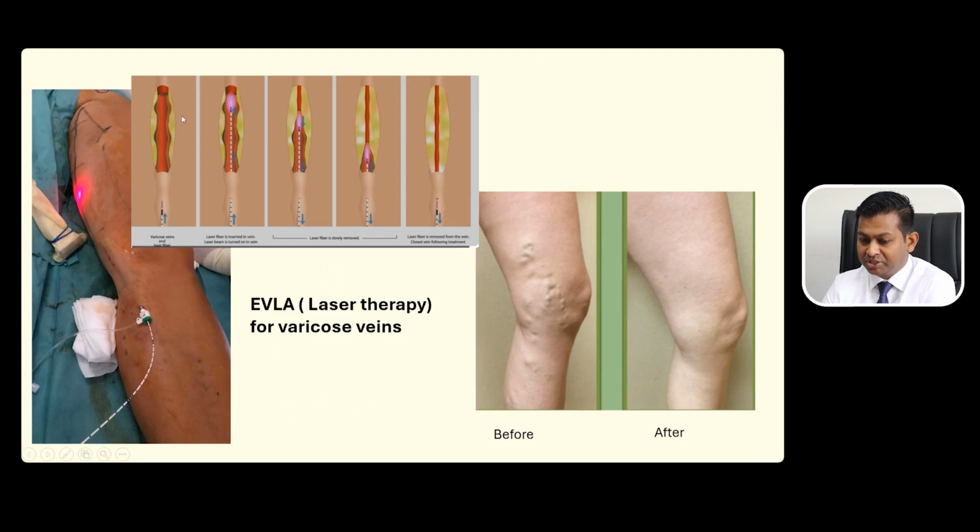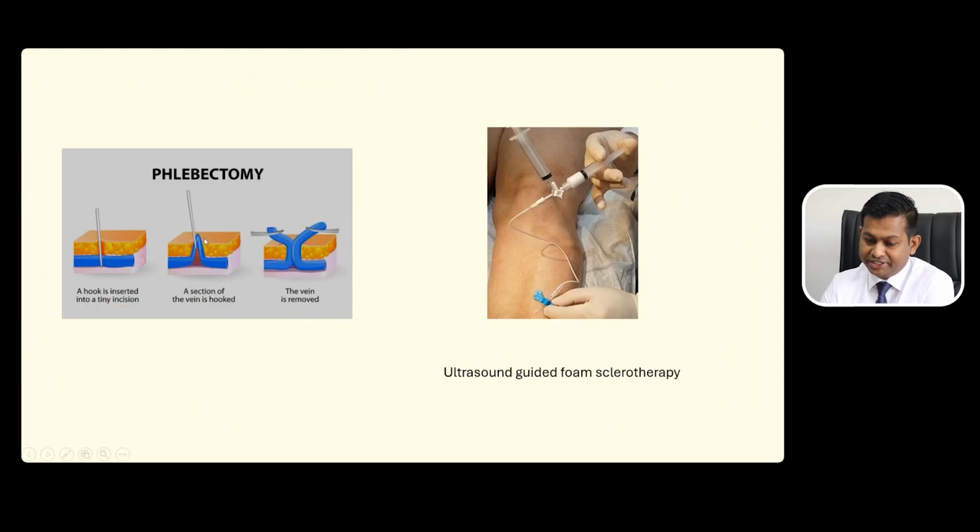So this is more of a diagrammatic view of what is done. So this vein becomes like this at the end. Some photos of the appearance, but more than the appearance, we are concerned about the wound healing in these patients. Phlebectomy or else multiple stab avulsions.